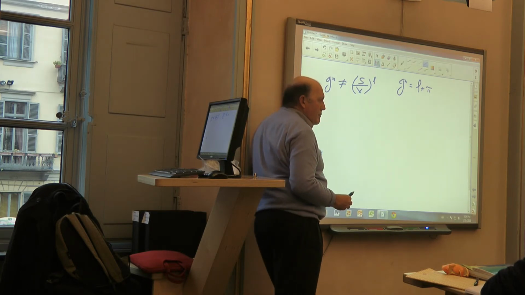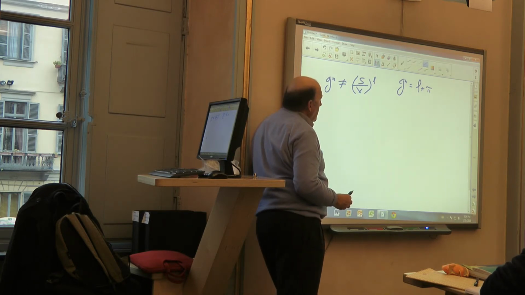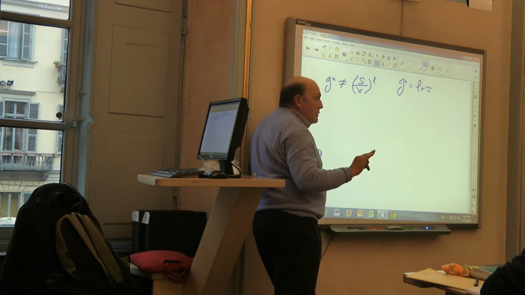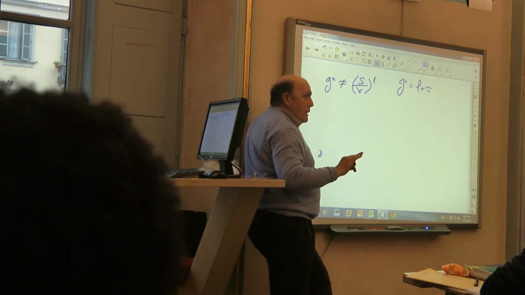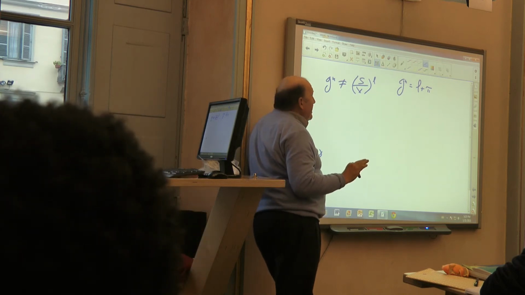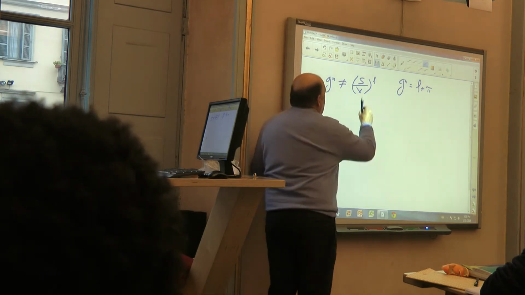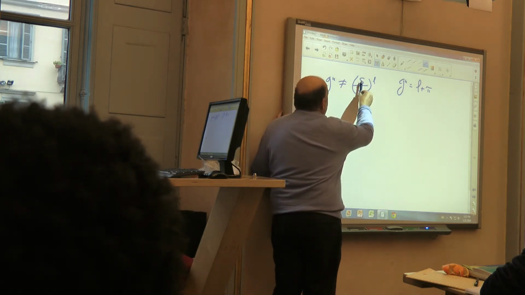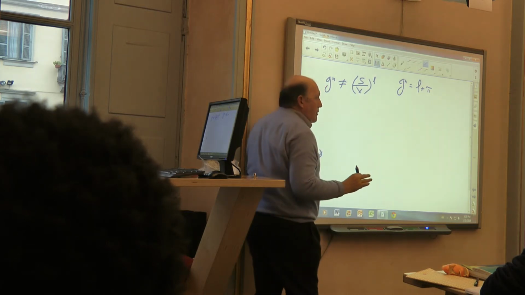Okay? So in Harrod and Domar, they are definitely different. Why? Because Harrod and Domar take S and V constant.